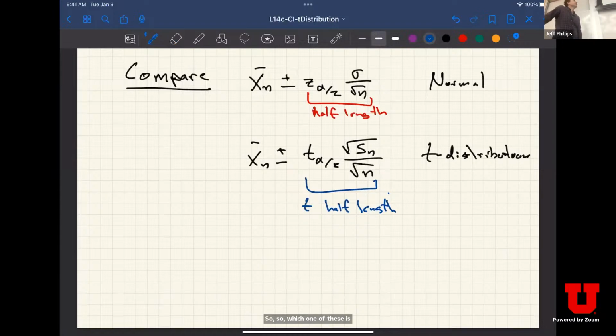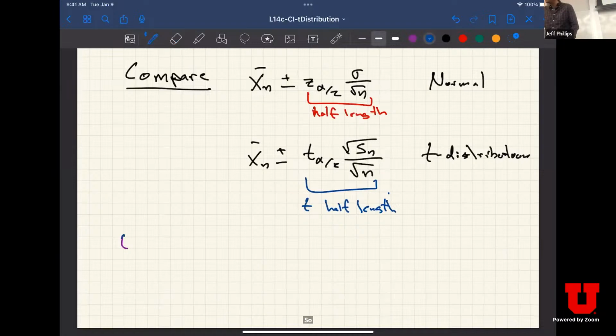Is the size of the confidence interval going to be bigger when using the t distribution, or is it going to be smaller? Yeah, so that non-confident answer was actually correct.